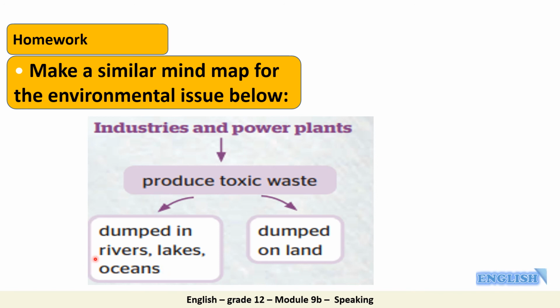So we are going to think about the consequences of this. Also, we have waste dumped on land. Here we're talking about water pollution, and here we're talking about land pollution. So we are going to think about some consequences of this phenomenon. This is homework.